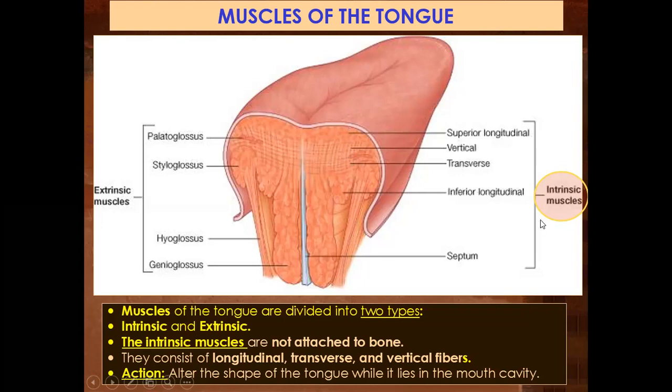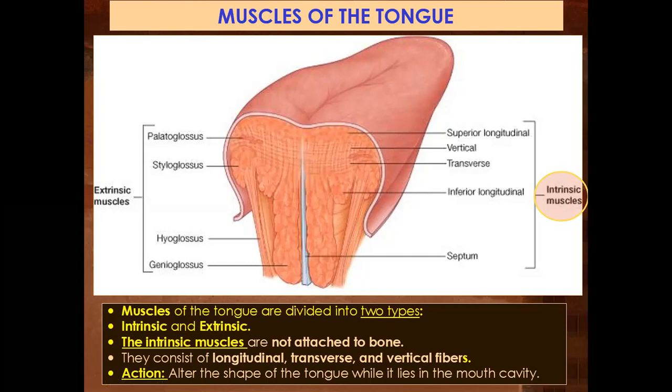These are the longitudinal muscles in this direction, superior as well as inferior longitudinal. Then we have vertical muscles. Then we have the transverse muscles on either side.